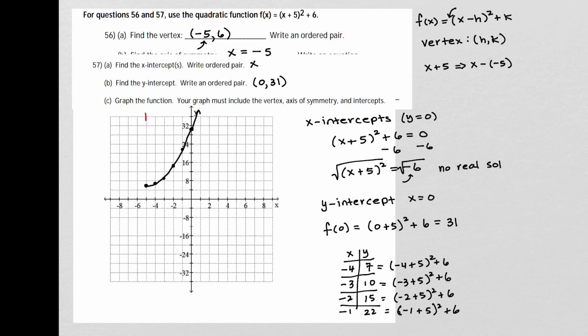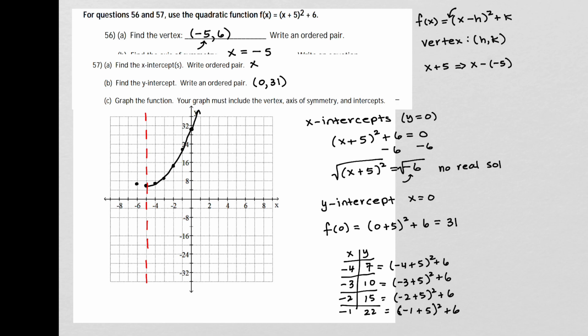Now, one thing that I didn't put in is my axis of symmetry. So I'm going to put that in right now. And then I'm going to use that axis of symmetry to find some matching points. So if I'm at negative 6, the y value has to be the same as at negative 4.